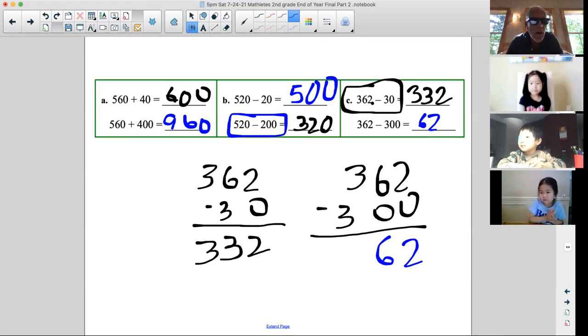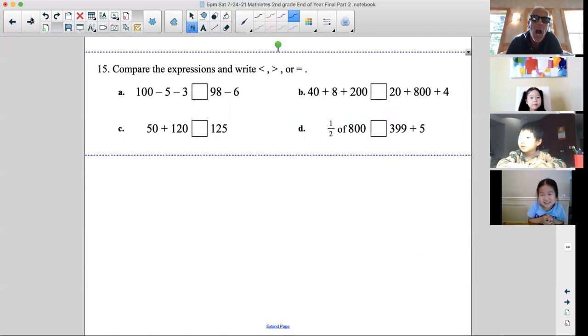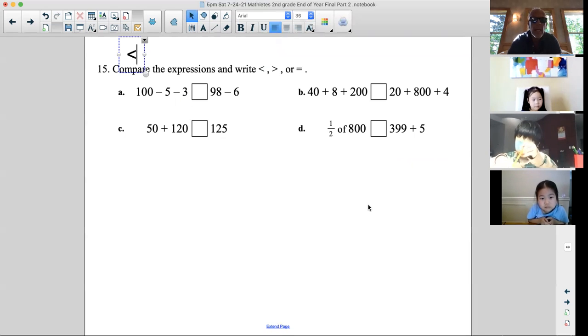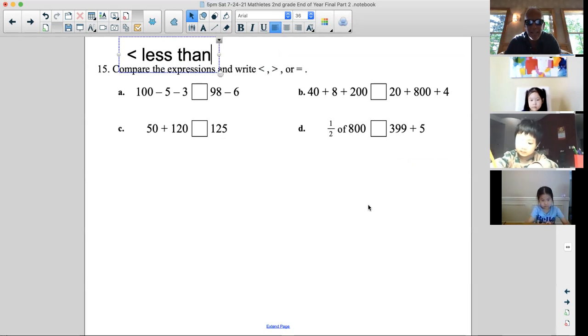Okay, now, are you guys ready for the next challenge? Yeah. Now, these symbols are very, very important. Let's talk about this symbol. It looks like that, and it means less than.